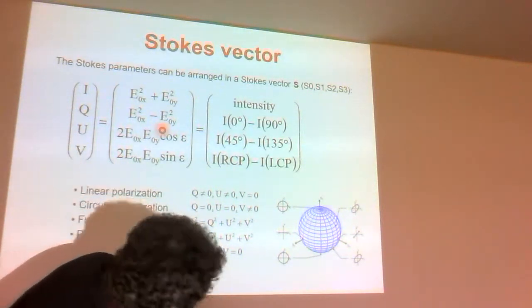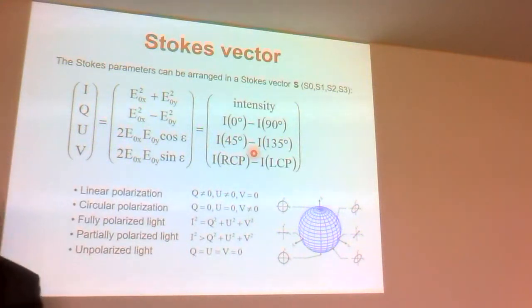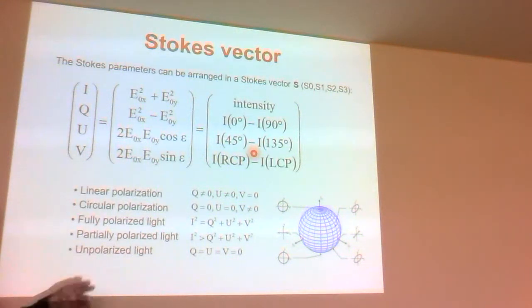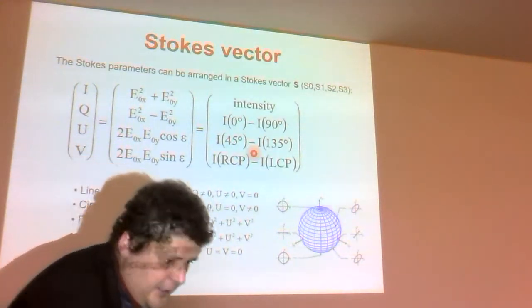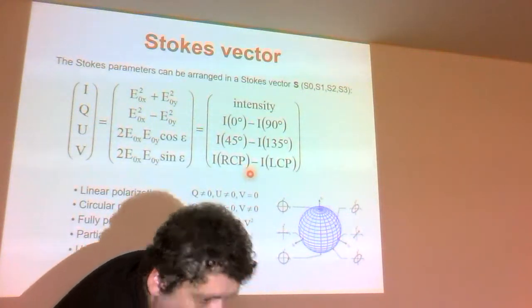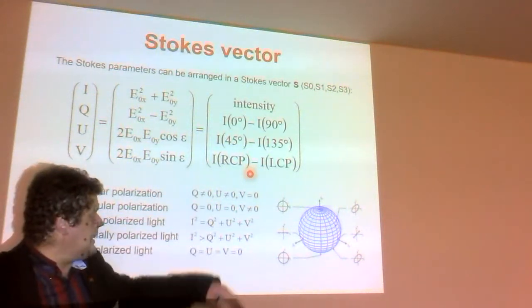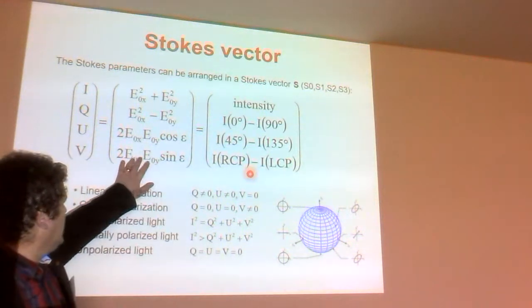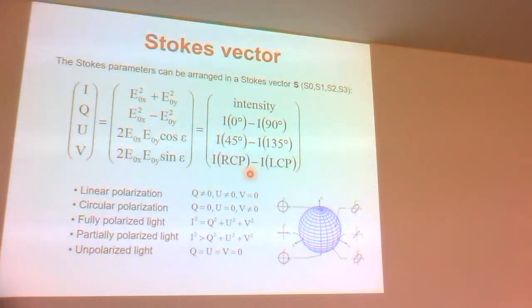Then if we rotate the analyzer by 45 degrees and do the same differentiation of the measurement with the 45 degree rotation, we will measure the third one. And with the addition of a quarter-wave plate to see whether it is right circular or left circular polarized light, we are able to find the fourth element of the Stokes vector.